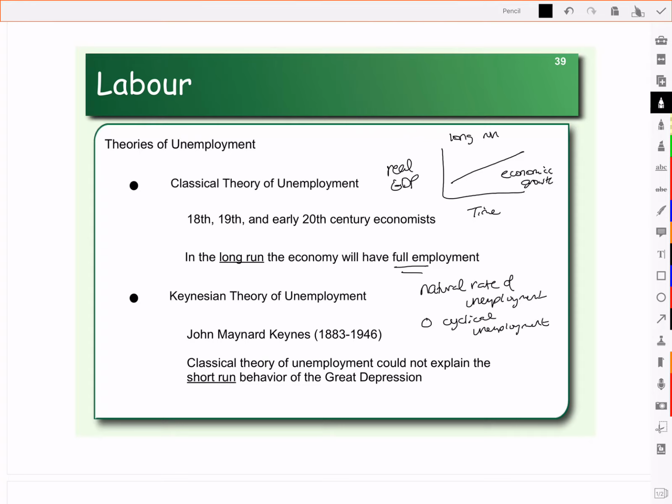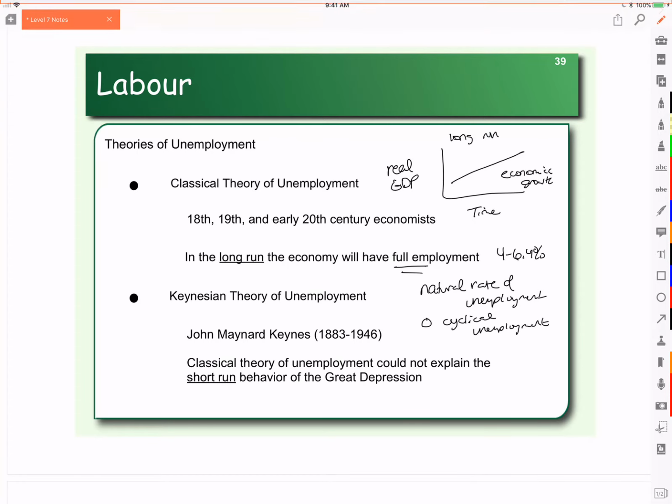So long term, we don't have to worry about those business cycles, those ups and downs. Over the long term, we're going to see growth, and the unemployment rate is going to return to its natural or full employment rate, which remember is about 4 to 6.4% unemployment depending on which country you're in. And that 4 to 6.4% range, you recall, was because there are different definitions within countries of what it means to be in the labor force and what it means to be unemployed.